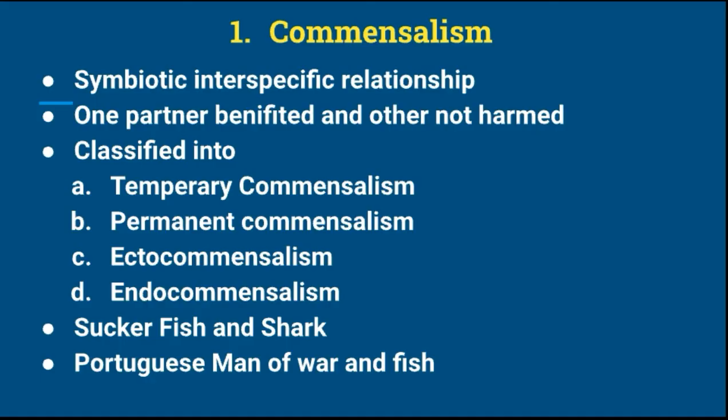Sometimes the partners may separate and go away, and it does not affect them. For example, the crab living in the tube of Chaetopterus, and the suckerfish and shark, are examples of temporary commensalism.